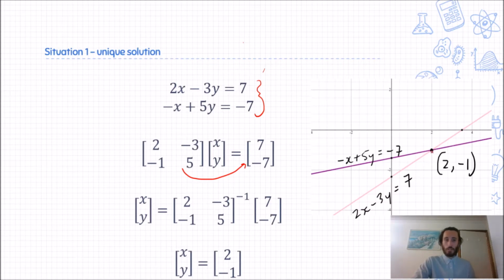And that point is x equal to 2 and y equal to minus 1. So that is the only point where those two equations are both solved at the same time with a single point.